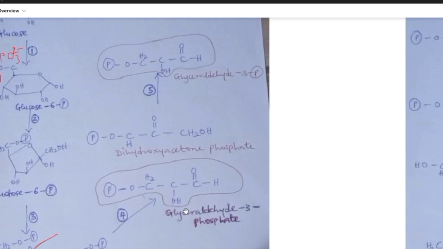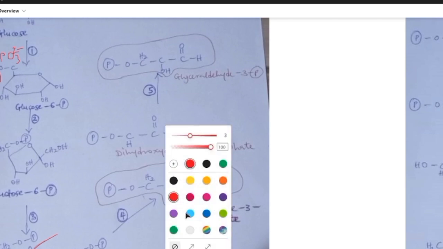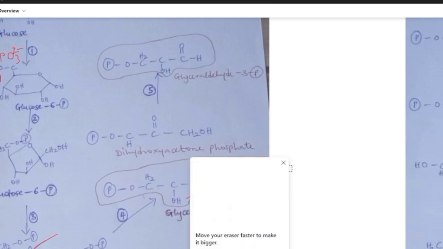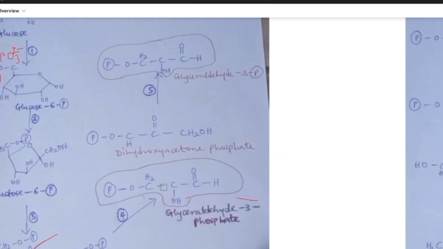On the right-hand side of this glyceraldehyde 3-phosphate is the aldehyde functional group, and on the left-hand side is the phosphate group, as you can see.